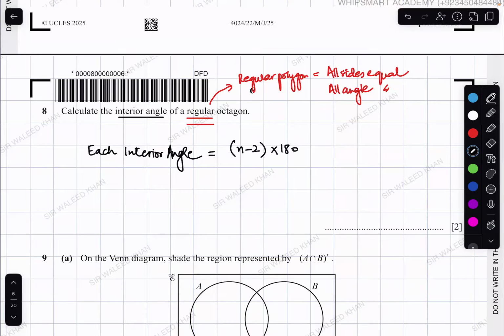This is the formula for the sum of interior angles divided by the number of sides, which will give you each interior angle. So in an octagon, we have 8 sides. Remember the names till decagon, the 10-sided shape. Okay, this is in your syllabus. That's 6 into 180 divided by 8, 135.